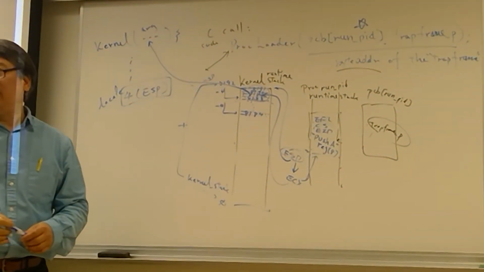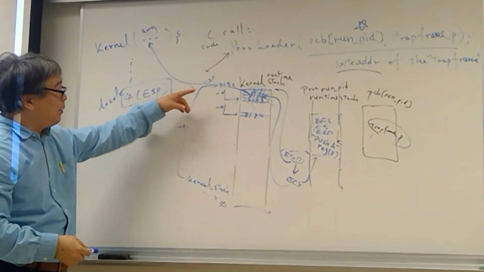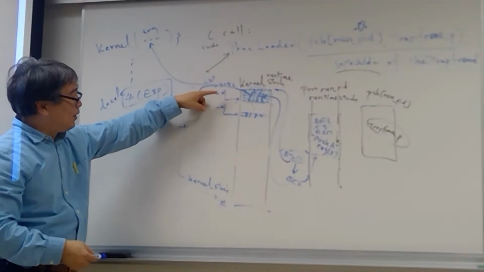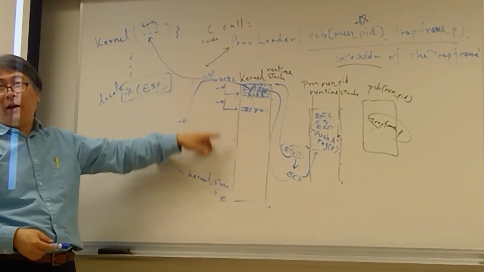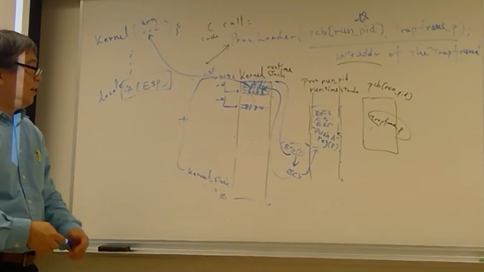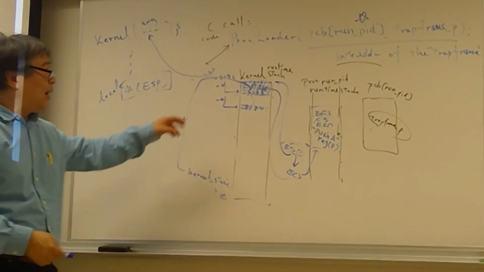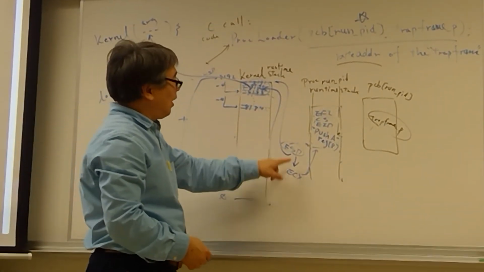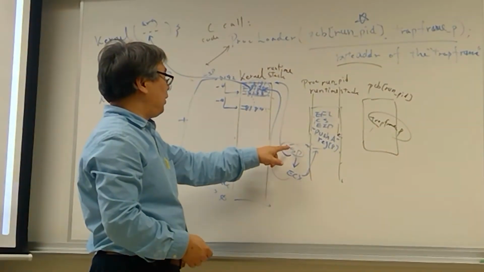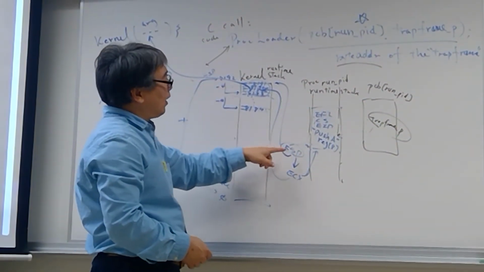That is the kernel stack now. So the stack pointer starts to use the full stack on the kernel stack. And the top has a value ECX, which is a copy of ESP before ESP switched to the kernel stack.